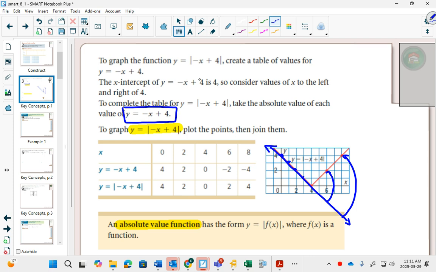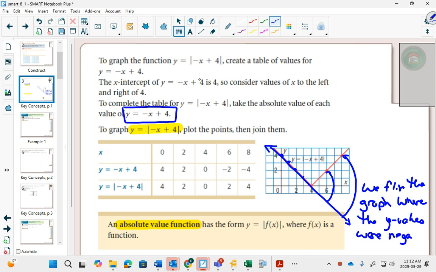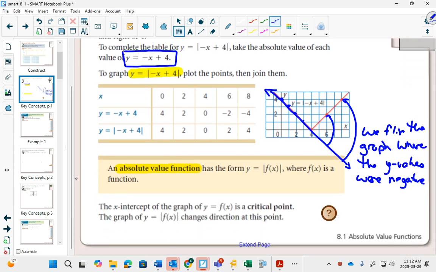So all that's happening is we flipped the graph where the y values were negative over the x-axis.